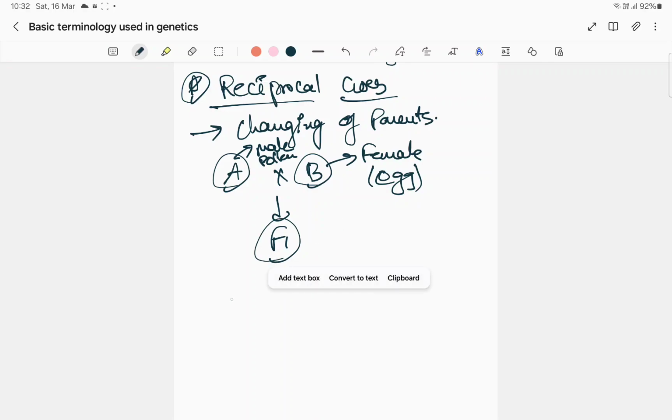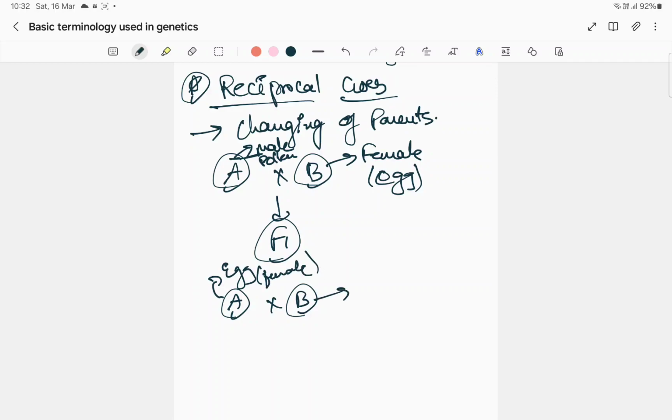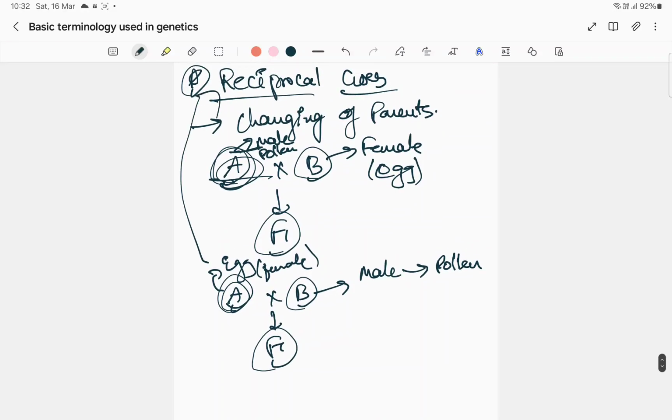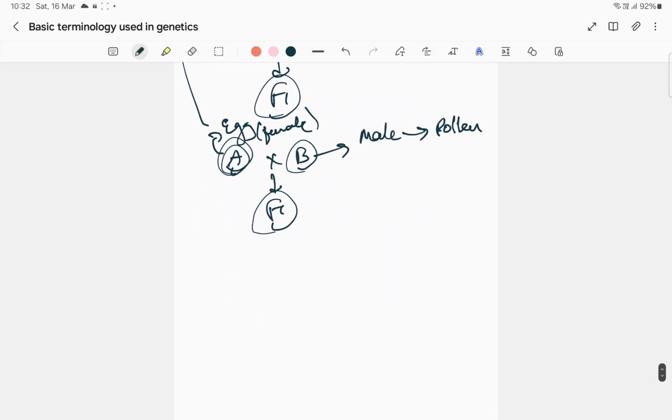And the same A and B parents, here we have taken pollen. Now we will take the egg from here and consider this as the female parent, and this as the male parent, and we will take pollen from here and we will get the F1. Just this changing of parents, A as male parent and A as female parent, is what we call a reciprocal cross.